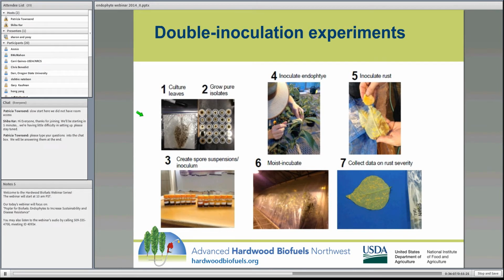First, inoculating plants with that endophyte spore suspension. Second, inoculating plants with a pathogen like rust, moist incubating the plants and waiting for a few weeks. And then finally, the last step is to collect data on pathogen severity, in this case rust severity. We can use image analysis to quantify the amount of disease found on leaves.